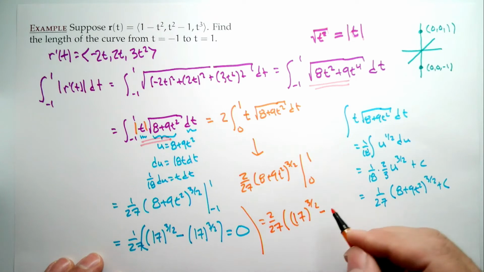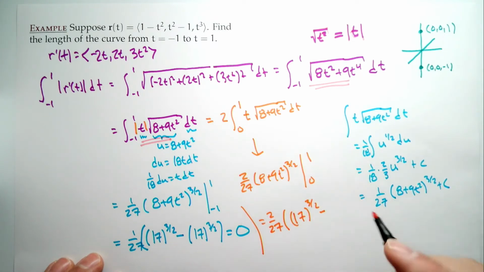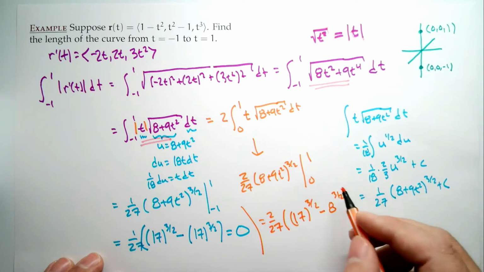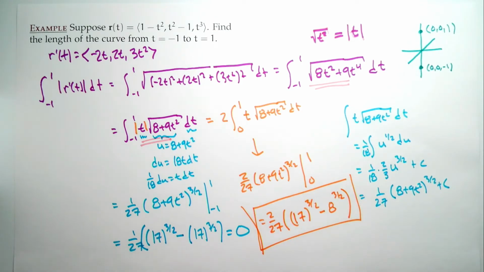Then we're going to subtract, plug in 0. 8 plus 9 times 0 is 8 to the 3/2. And 8 to the 3/2 really doesn't simplify, so there's our answer. All right. So this is one of those, be a little bit careful. Just enough.